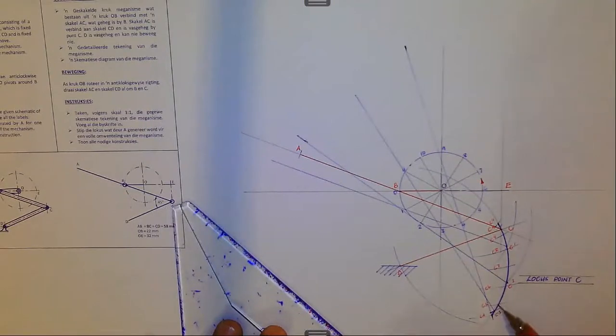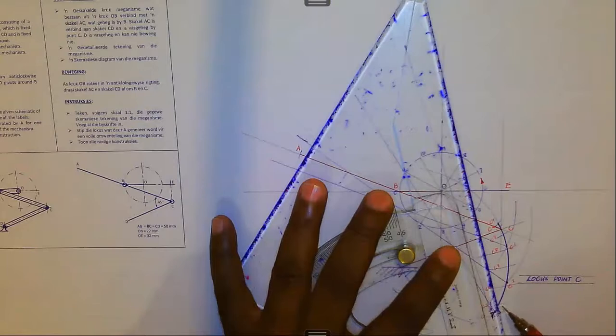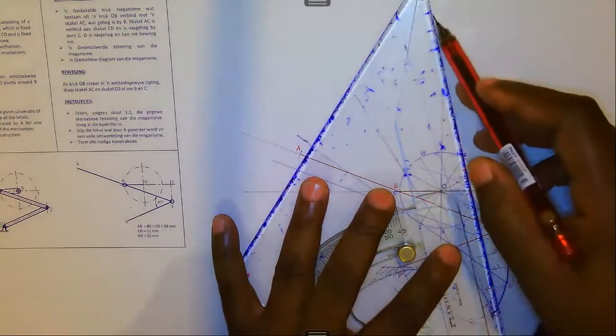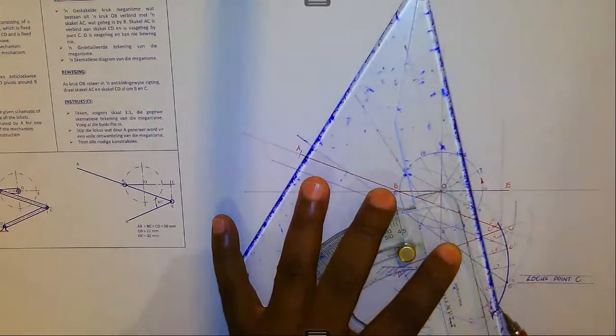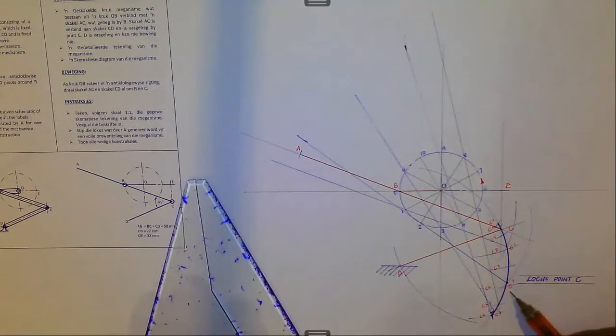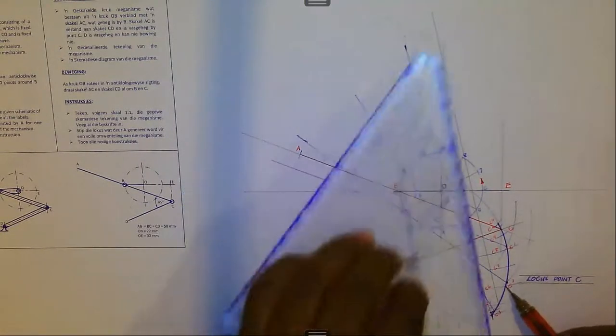Then we've got 5, like that. We've got 6.